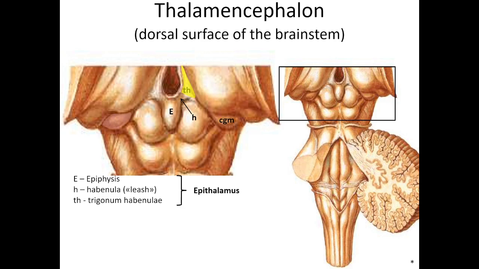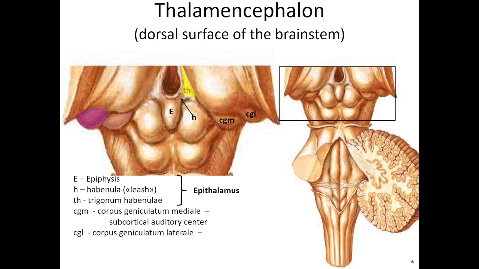Now CGM is corpus geniculatum mediale, which is subcortical auditory center. And CGL is corpus geniculatum laterale, which is subcortical visual center.